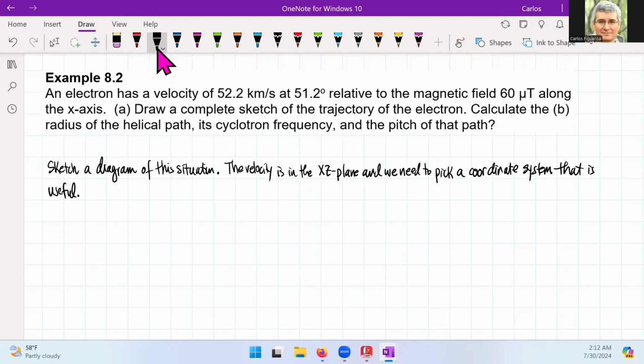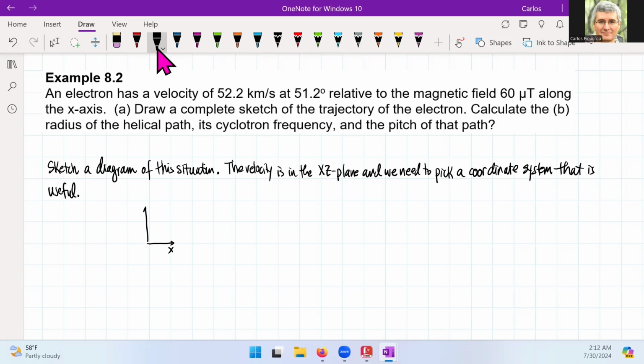So I'm thinking I want my motion to be in the xz plane. So right away, I'm going to pick my axes. So let's say that I'm going to pick this to be my x.